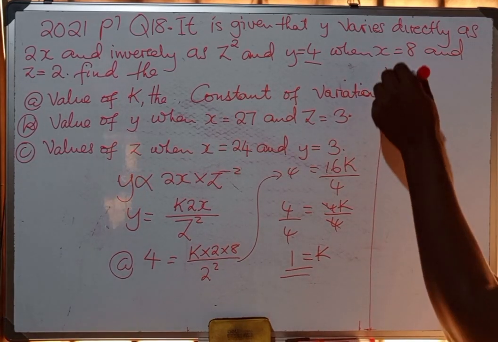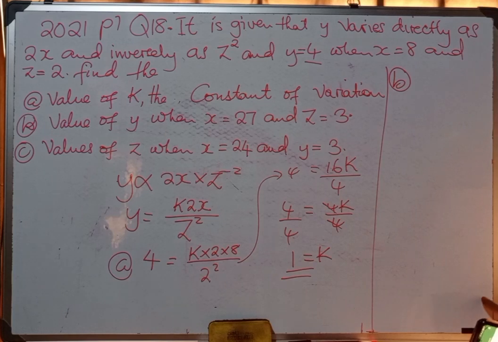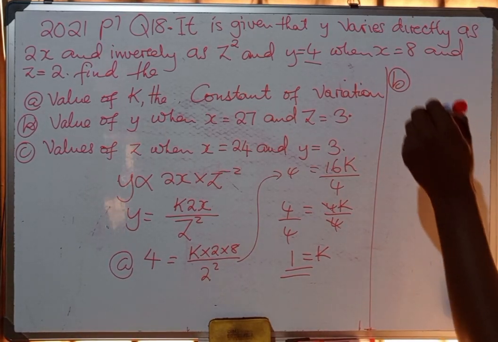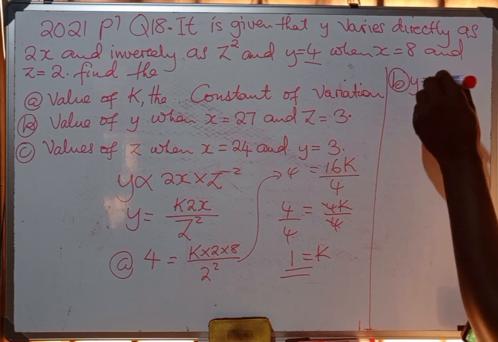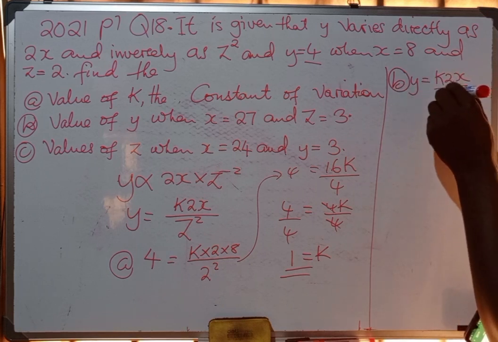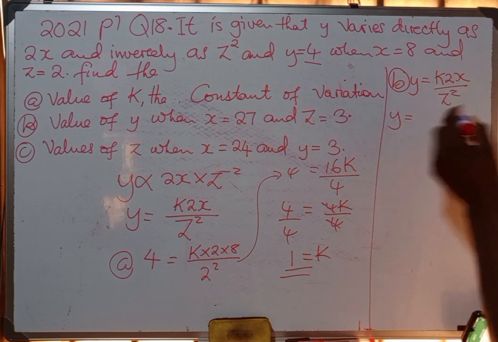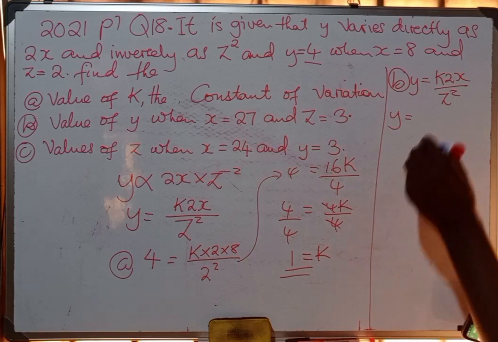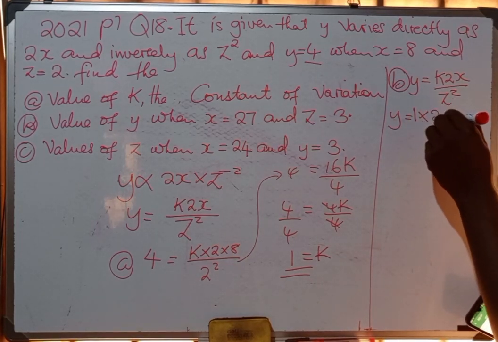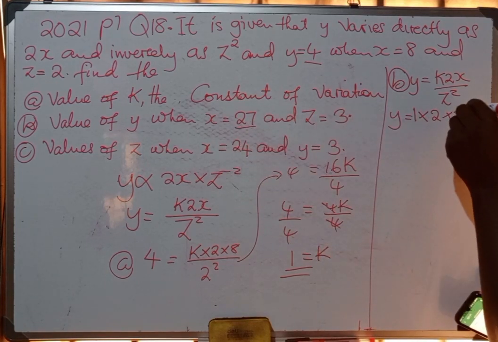What is our next question? Question number B. We find the value of y when x is equal to 27. So we are going to have y is equal to k2x over z squared. We are finding the value of y. K, we know it is 1, so it will be 1 multiplied by 2, multiplied by the value of x, which is 27.